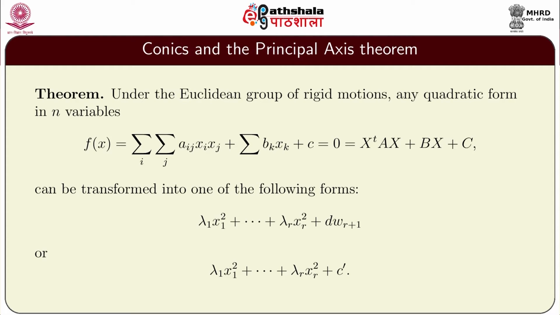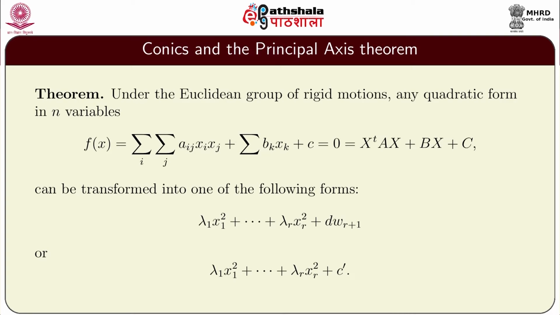So, you can see that all the terms where the monomials xi xj for i not equal to j appear have disappeared now. We only have monomials of the form xi^2, and at the most one linear term like d w_{r+1} or a constant term c'.